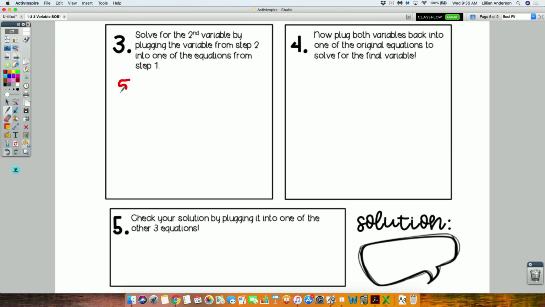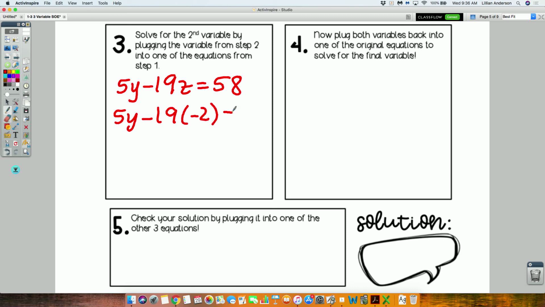Wasn't one of them 5y minus 19z? Yes, equals 58. So we need to take one of those two variable equations and plug the solution we got for z in. Okay, what do we get for z? Negative 2. So I'm gonna plug negative 2 in.